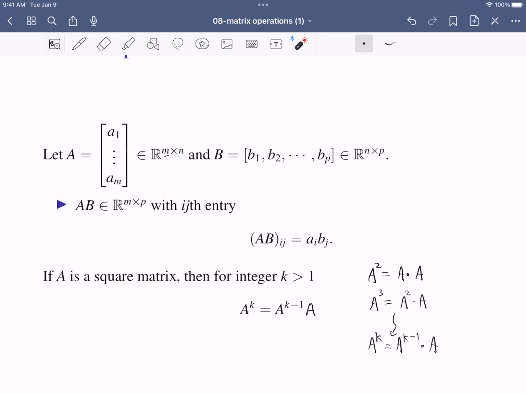So the column number of A must be equal to the row number of B. These two must be the same. Otherwise, we cannot do the multiplication.